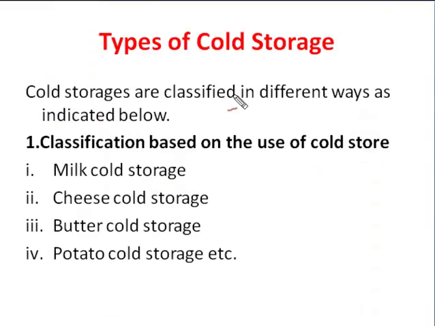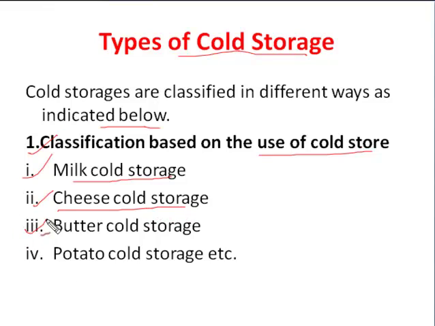Now we have come to the types of cold storage. Cold storages are classified in different ways as indicated below. The first classification is based on the use of the cold store. First is milk cold storage, second is cheese cold storage, third is butter cold storage, fourth is potato cold storage, because all perishable food products are stored at different temperatures.